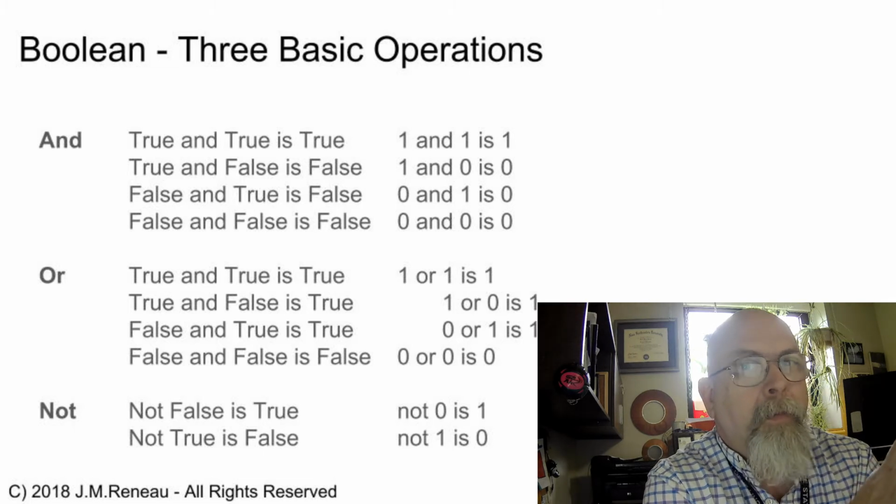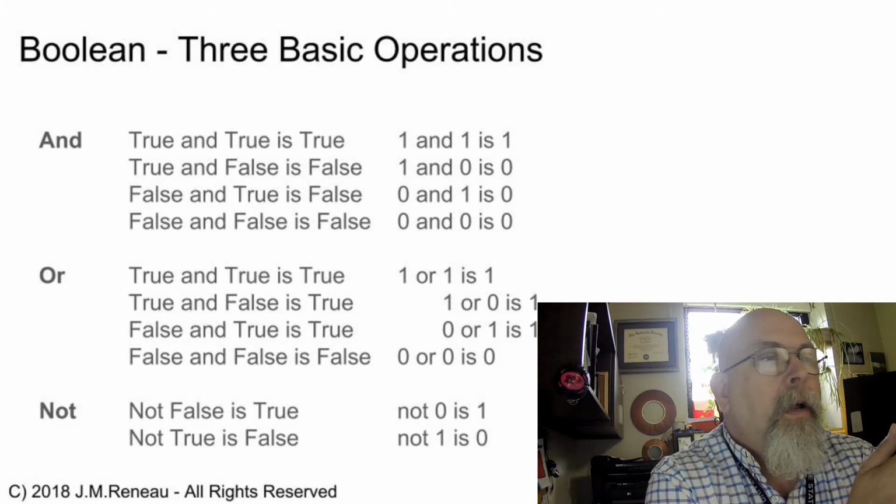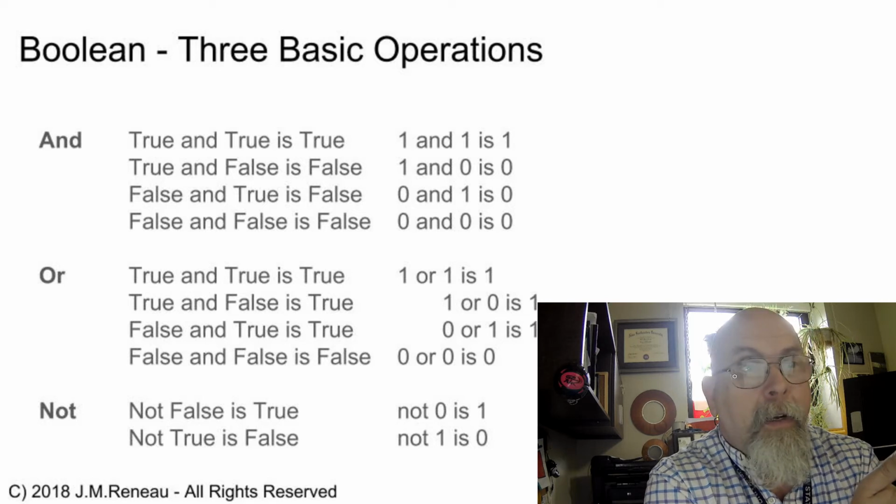Binary is way different than Boolean. A 1 times a 1 is a 1, a 1 times a 0 is a 0, and a 0 times 0 is 0.